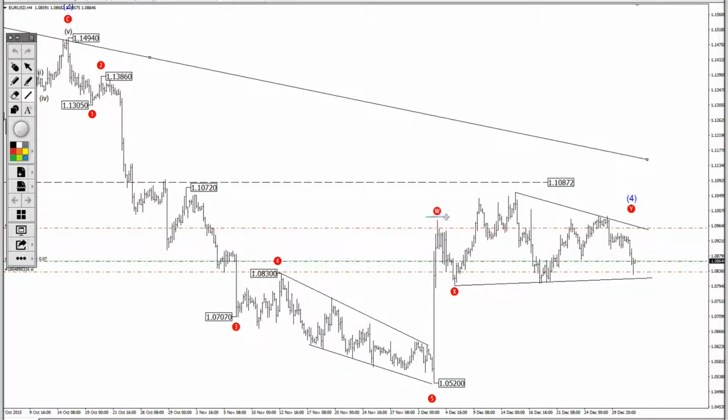I have labeled this first peak as wave W, then a 3-wave structure to the downside as wave X down here, and now as we can see we have a 3-wave structure as wave A of the triangle, then another 3-wave structure as wave B, a 3-wave structure as wave C, now a 3-wave structure as wave D, and we can expect one more 3-wave structure towards the upper part of the trend line I have drawn on the charts.